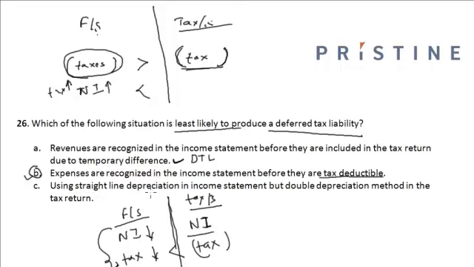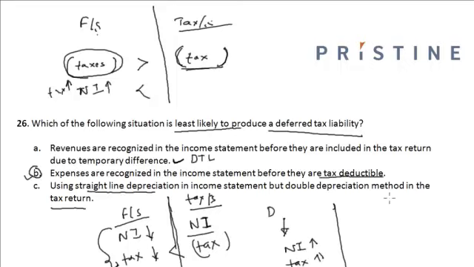Now, using a straight line depreciation in the income statement but a double depreciation method in the tax return. If you use straight line depreciation in the income statement, then my depreciation value is less, and hence my net income is high, which means my taxes are high.